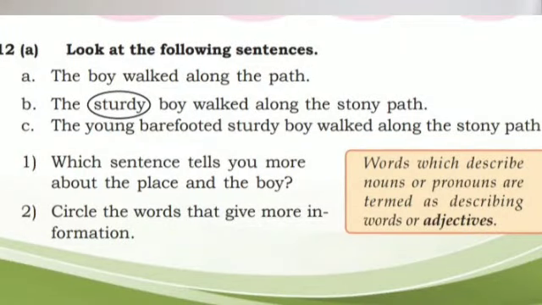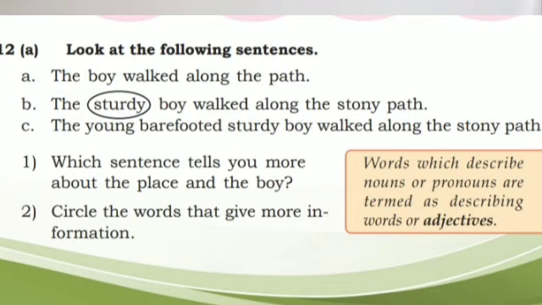Okay. When you open your textbook, activity 12, you can see 3 sentences. What was the difference between those three sentences? We can go with that. First one, the boy walked along the path. Could you find out the noun from that sentence?